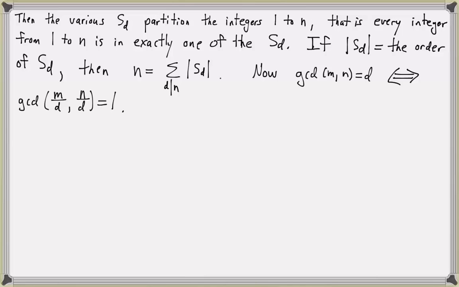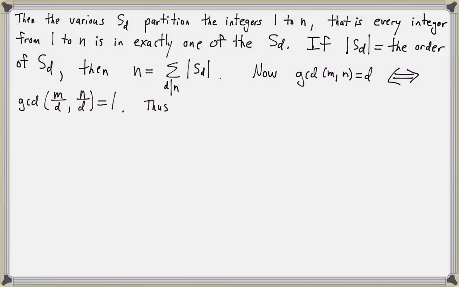We proved this earlier in this class. If the GCD of m and n is d, then the GCD of m over d and n over d is 1. In other words, m over d is relatively prime to n over d.